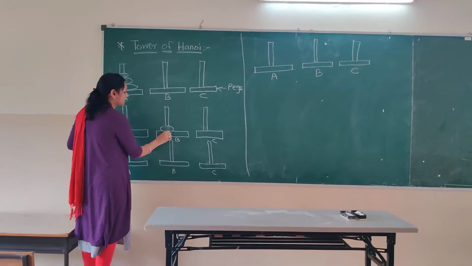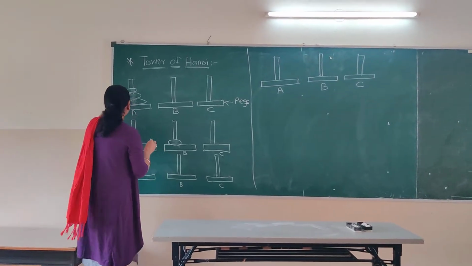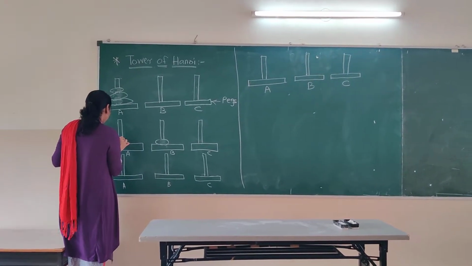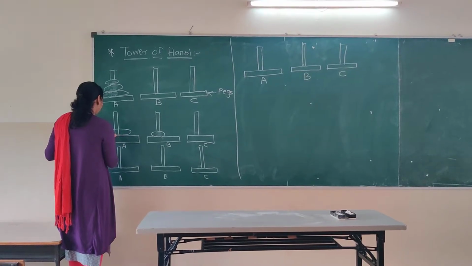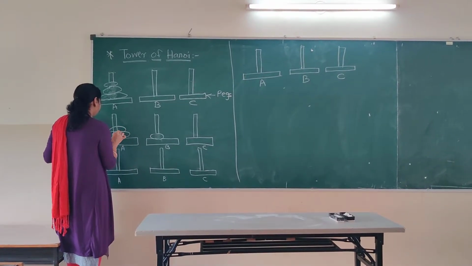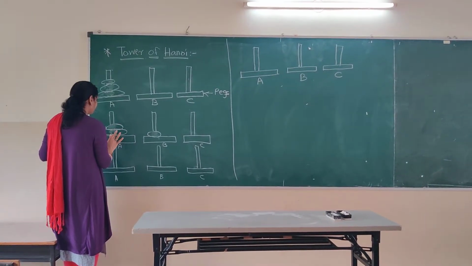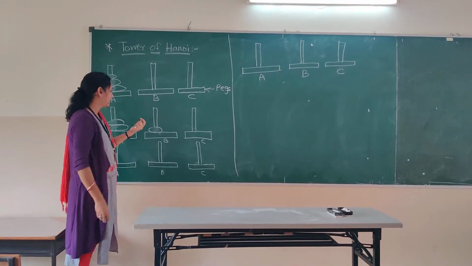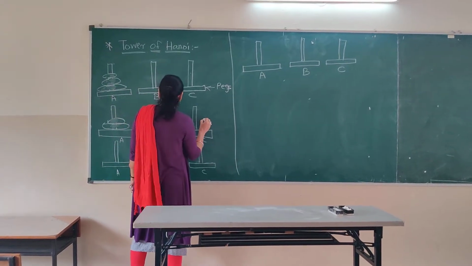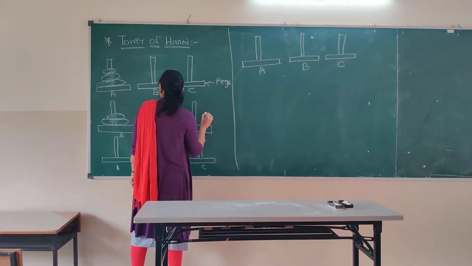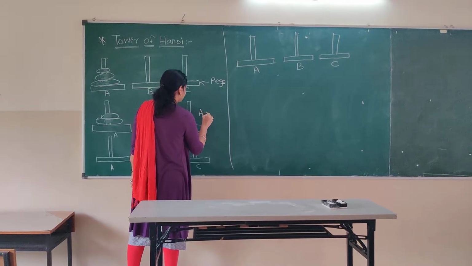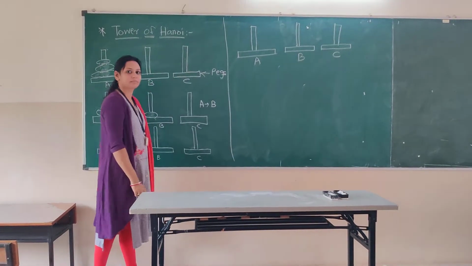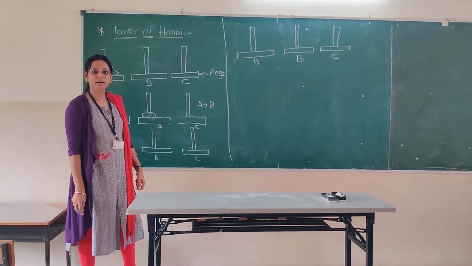This is your smaller disc. And these two remaining will be as they are. So this is middle, this is larger, and this is the smaller one. So we can say for this, the move is A to B. Is it correct?